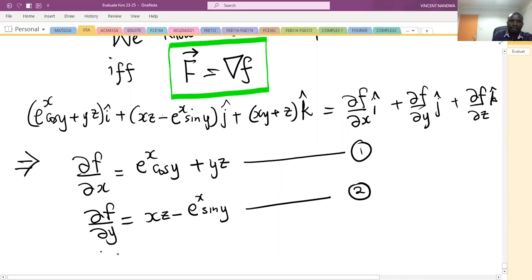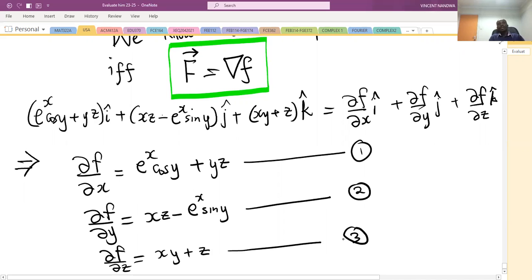And lastly, partial f partial z equals xy plus z, call this one equation 3. So that is step 1. For the vector equality to make sense, the components on either side must be equal.